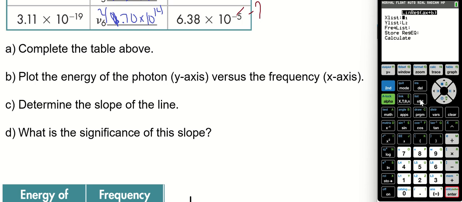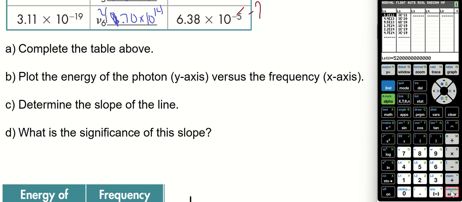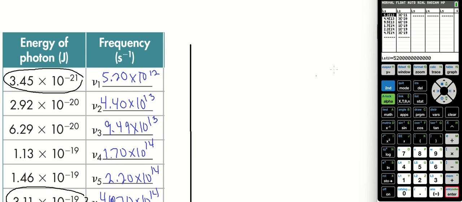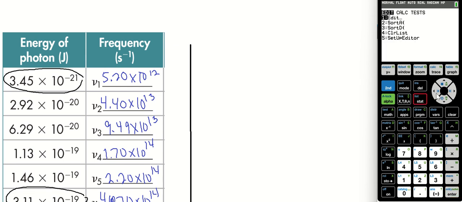I forget where we put the X. Let's go back. X is on L1. Okay, so that's good. All right, go back to Stat, Calculate, Linear Regression. Yep, that looks good. Let's calculate.